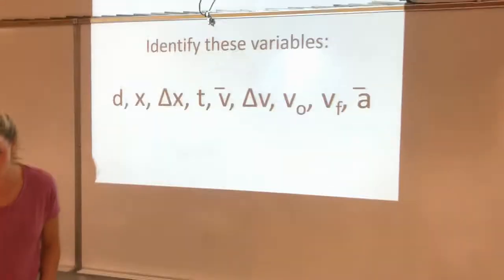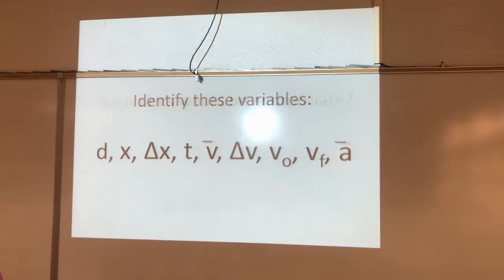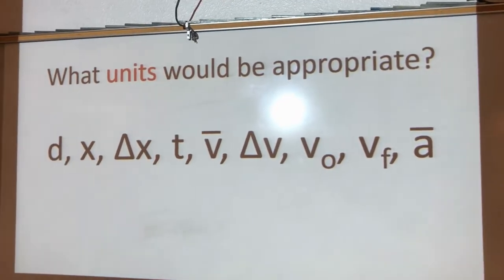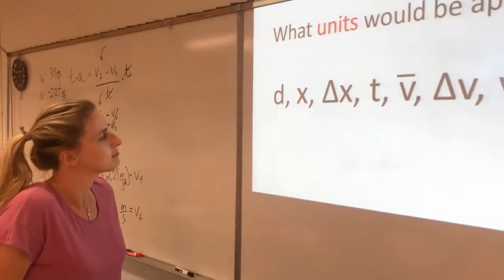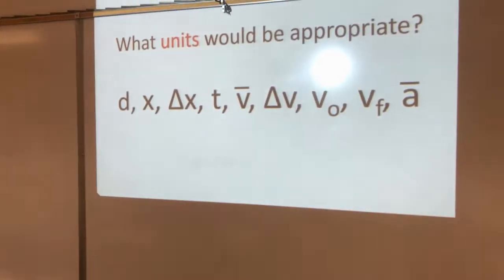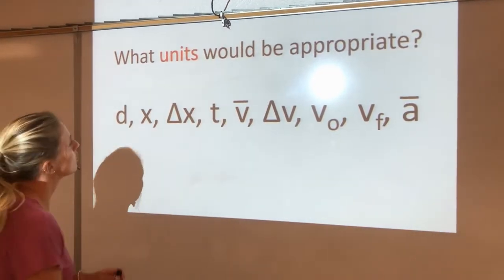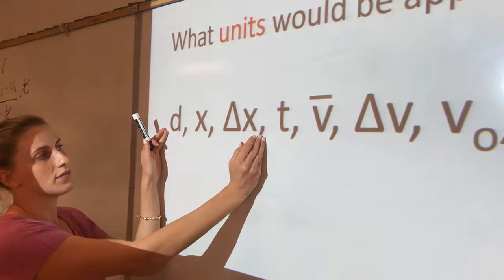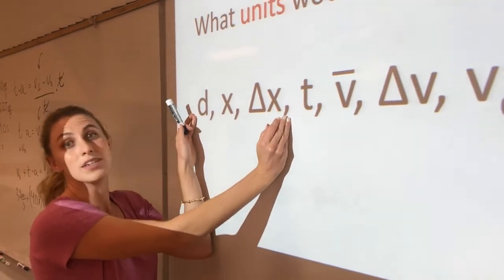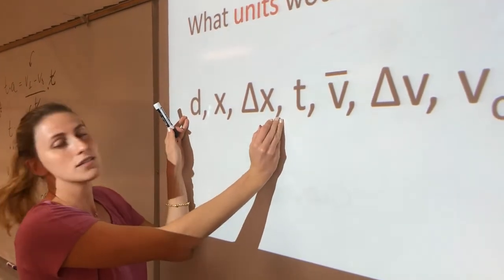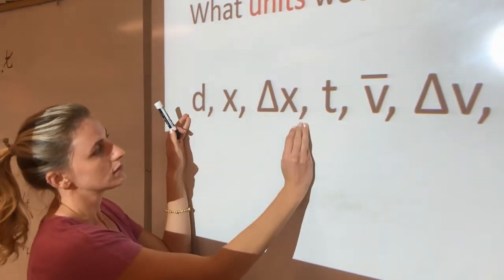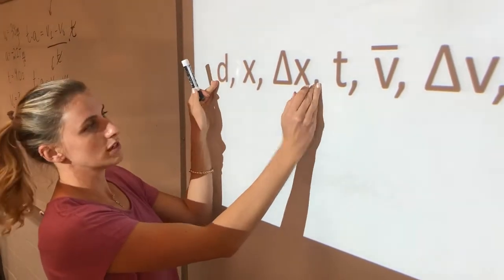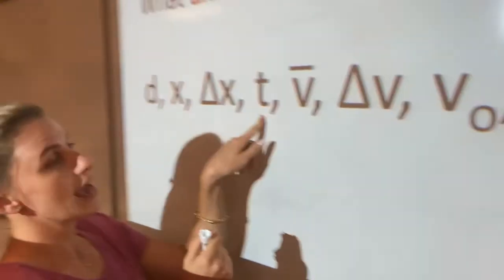Now that you've identified all of those, my next step is please label the units appropriately. What would the units be for each of these? Do it in your notebook. For these first three, they would all have units of distance: meters, centimeters, kilometers, feet, miles, whatever. Time is seconds.